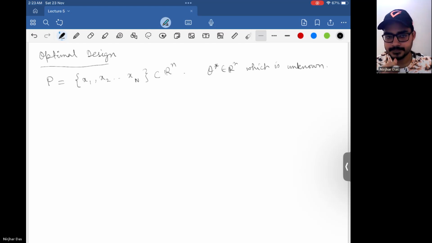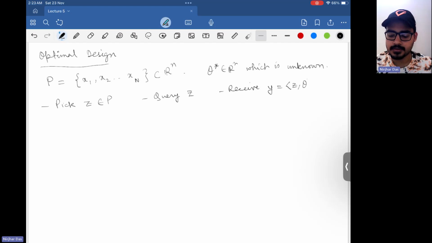Our job, as an observer, is that I can pick a z belonging to P, then query z, and receive y equals z inner product theta star plus eta, where eta is some IID noise with mean 0.